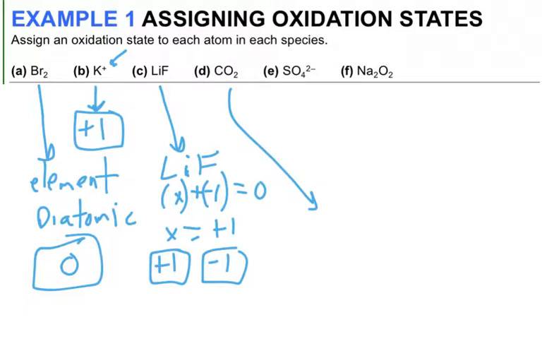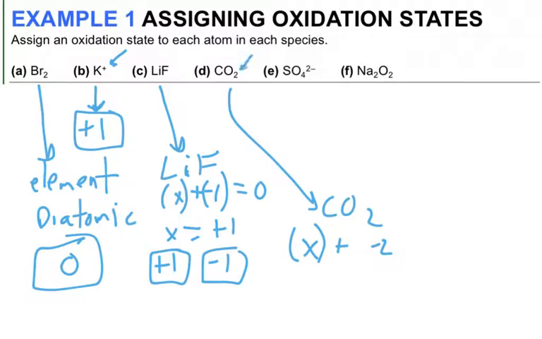Carbon, which is a nonmetal, I'm going to show you how this nonmetal actually ends up having a positive oxidation number. So let's put CO2 here, carbon dioxide. Since we don't have a rule for carbon, let's call it X. So according to the rule, the sum of the oxidation numbers in the neutral compound is equal to 0. Now we know that oxygen is -2, but look at this.